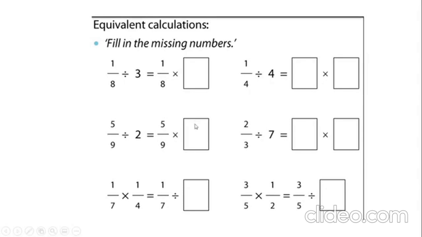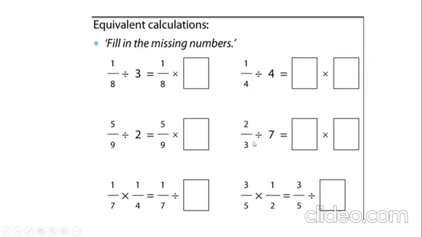Have a go at this one. 5/9 divided by 2 is the same as 5/9 multiplied by 1/2. Now let's look at this one. 1/4 divided by 4 would be the same as doing 1/4 multiplied by 1/4.